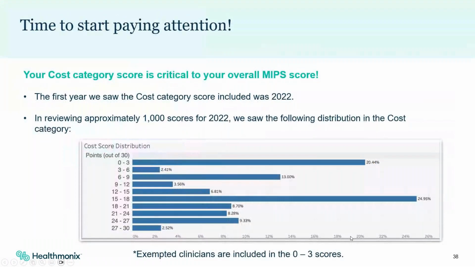Next slide, thank you. So here is the score distribution for 2022. You can see here 20% have a 0 to 3, and then 25% have a 15 to 18. So you can see where different weights fall here.